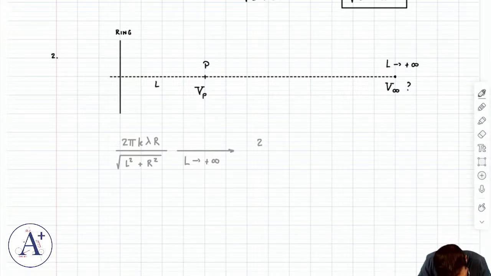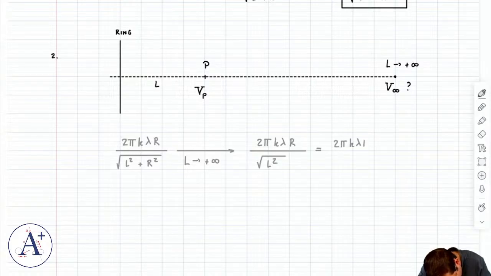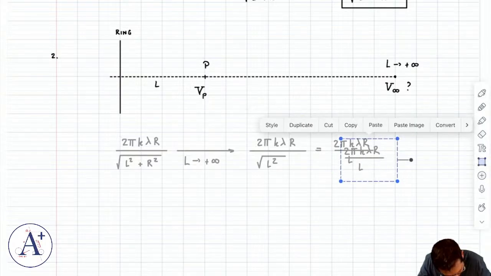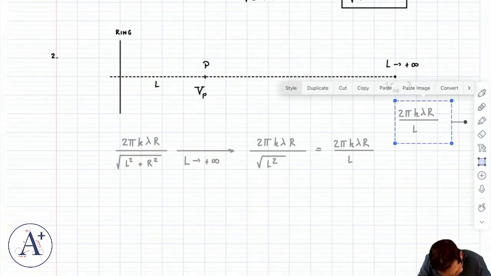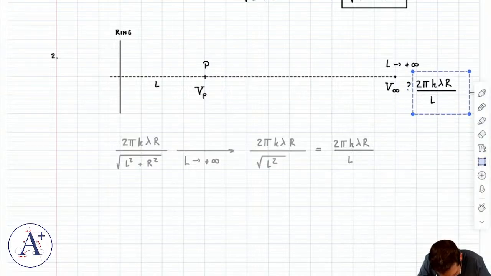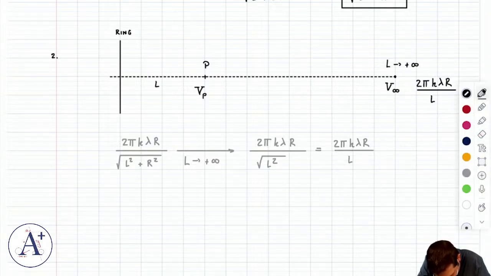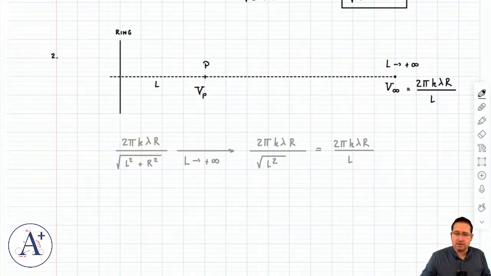So this is going to approach 2 pi k lambda R divided by the square root of L squared, which of course is just L. So this is going to be 2 pi k lambda R over L. Okay. So to be clear, VP is whatever we found before, and V infinity is this.